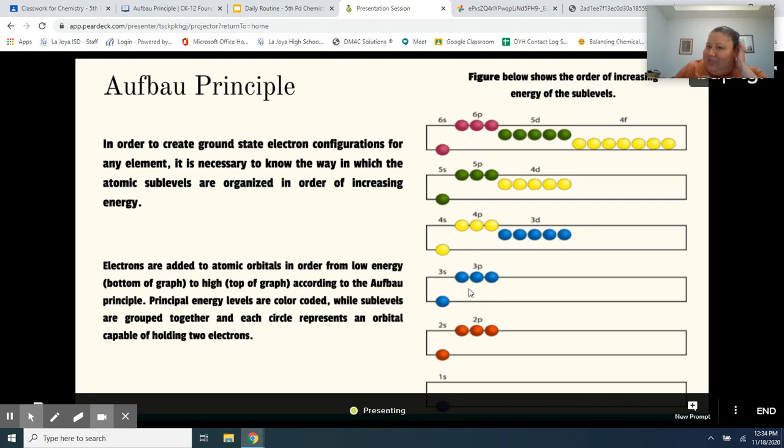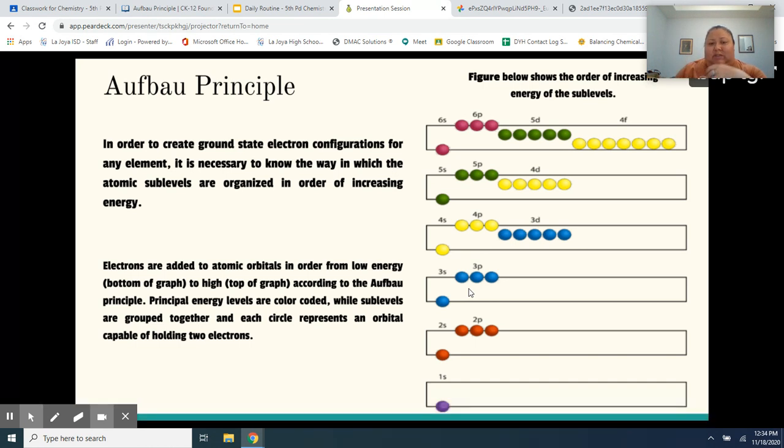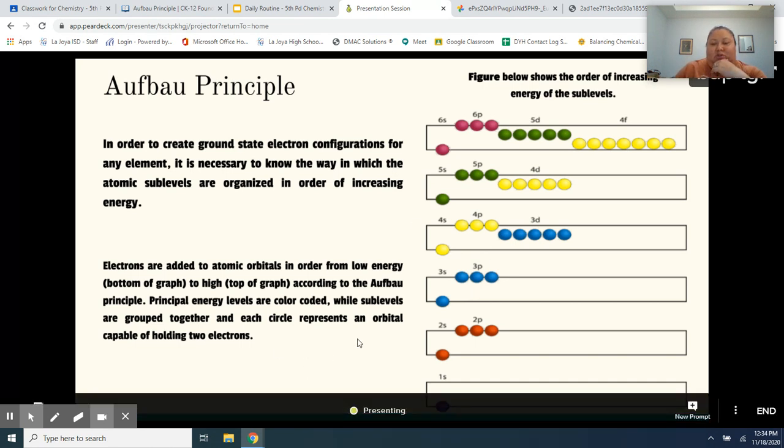And we have a graphic organizer that helps you remember the order of these energy levels, okay? So don't worry if this looks confusing. There is something that we're going to show you later that's going to be a little bit easier to understand as far as which one comes next, okay?